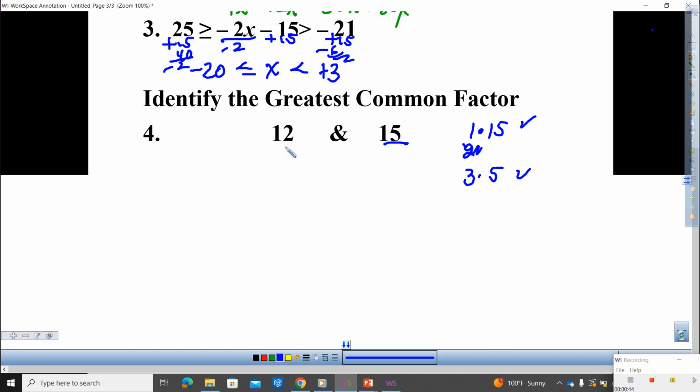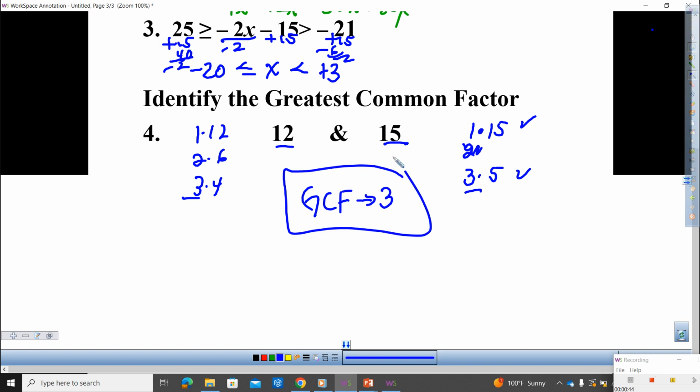I'm going to do the same for this one. 1 times 12, 2 times 6, 3 times 4, 4 times 3, and then it repeats. So, question, from those, which of those numbers do both of them have in common that's the greatest number of all? The 3. That is correct. So the GCF is 3. That's how you find GCF. I'm going to show you a different way pretty soon, but that's probably the quickest way of getting there.